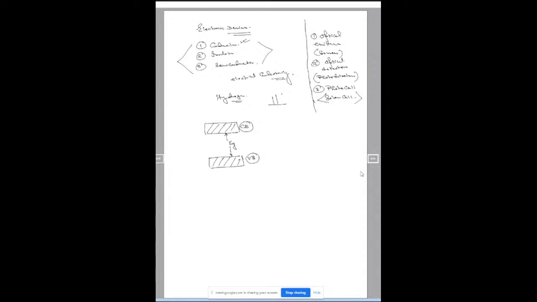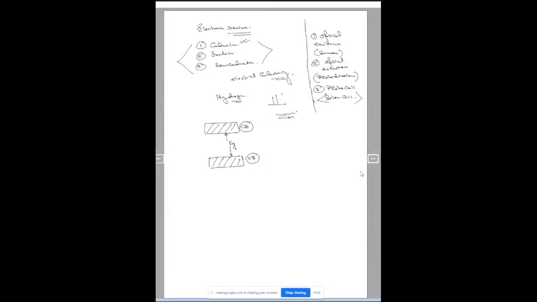So for example, for electrons, there will be some allowed states, and between these allowed states, there is no other allowed state. If there are two energy states, E1 and E2, the electron can go either to E1 or to E2, but there is no energy state in between. They are discrete in nature, not continuous, right? So these are allowed energy states where the electron can go and stay.